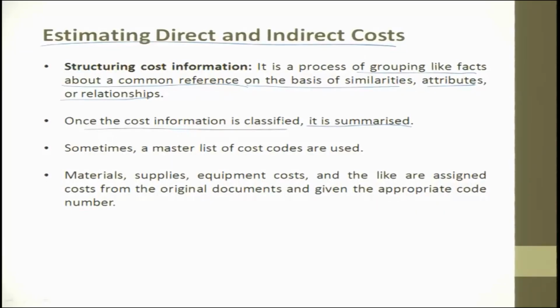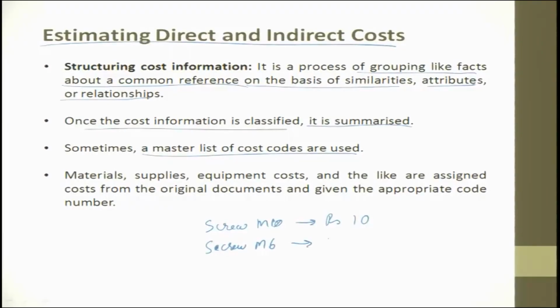Once the cost information is classified, it is summarized. Cost information is classified based upon what we have seen in the earlier slides. Sometimes a master list of cost codes is used. For example, if you know that an M10 screw costs 10 rupees, and an M6 screw might cost something like 6 rupees, then suppose I don't have the costing and I want to produce an M7 screw, between M6 and M8.